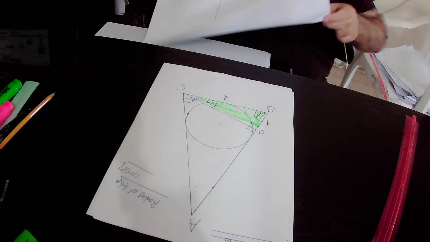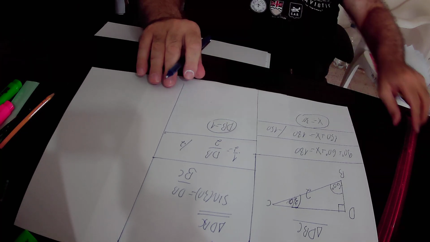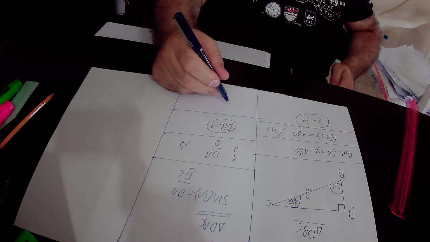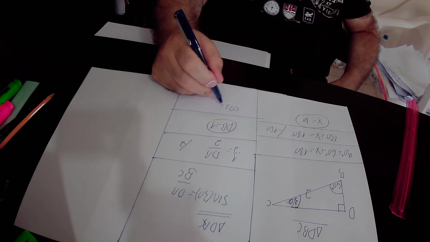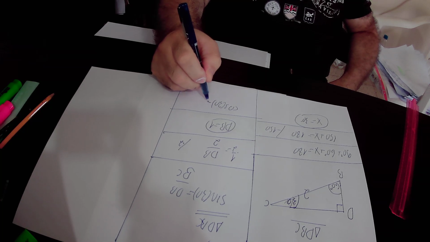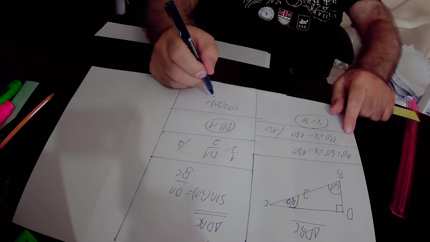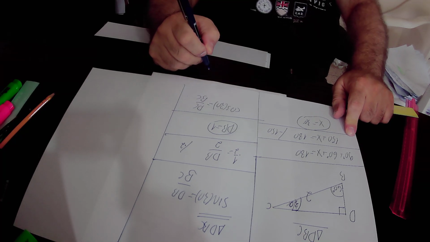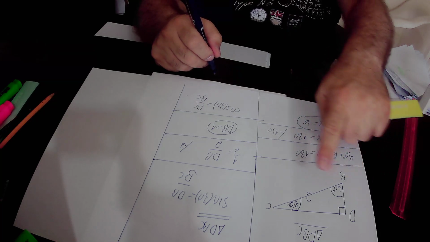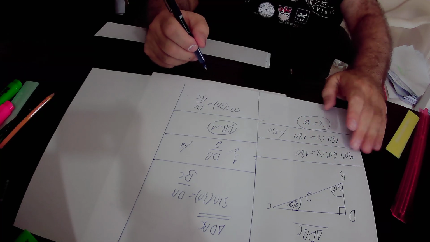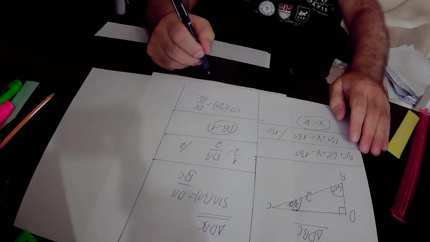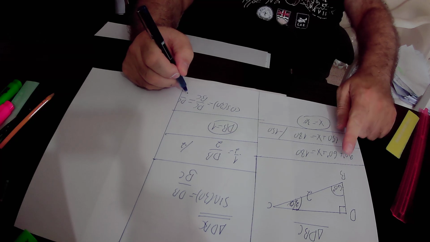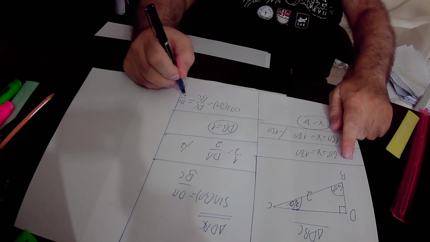We continue to focus on the right triangle DBC. Here, cosine 30 degrees is equal to DC over BC, where DC is the missing side. BC is equal to 2, so we substitute BC by 2.